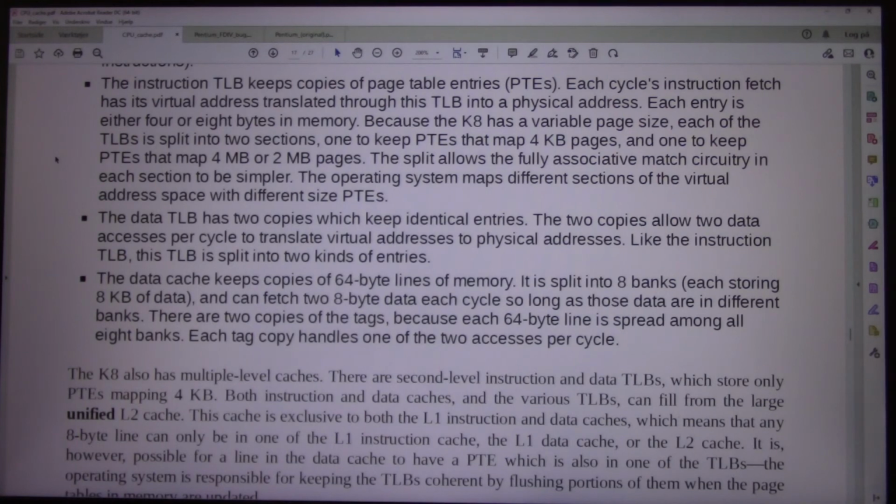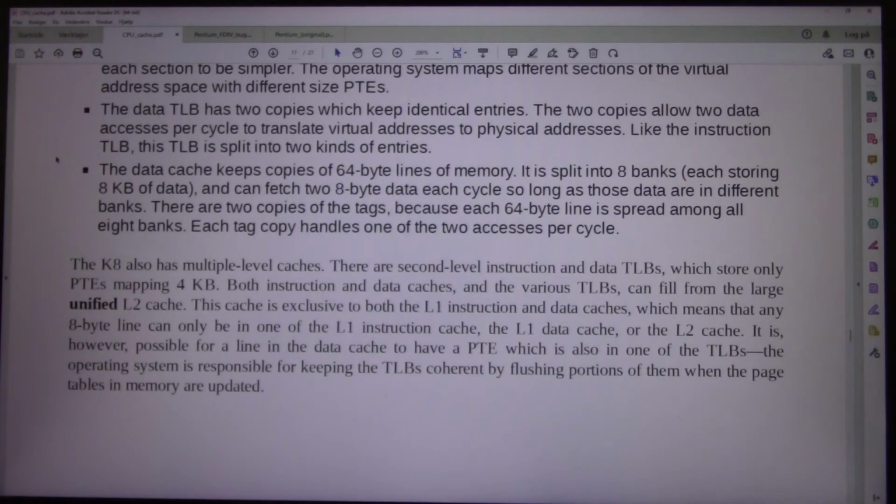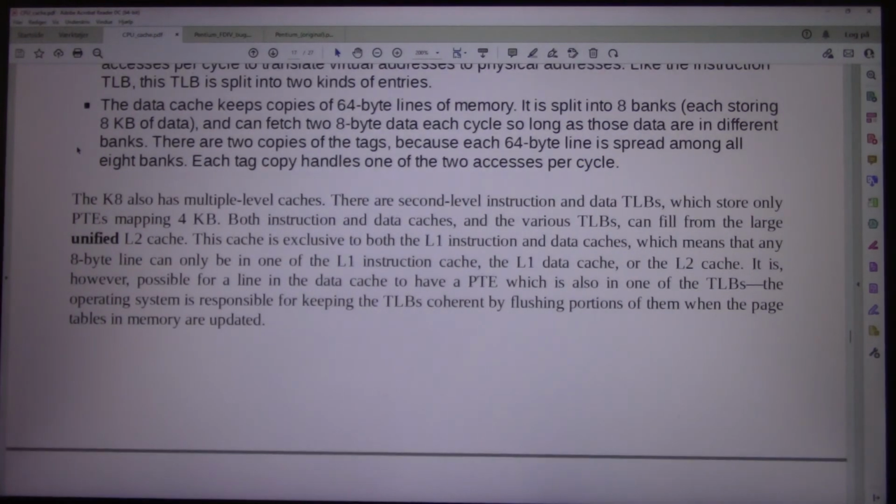The data TLB has 2 copies which keep identical entries. The 2 copies allow 2 data accesses per cycle to translate virtual addresses to physical addresses. Like the instruction TLB, this TLB is split into 2 kinds of entries. The data cache keeps copies of 64-byte lines of memory.